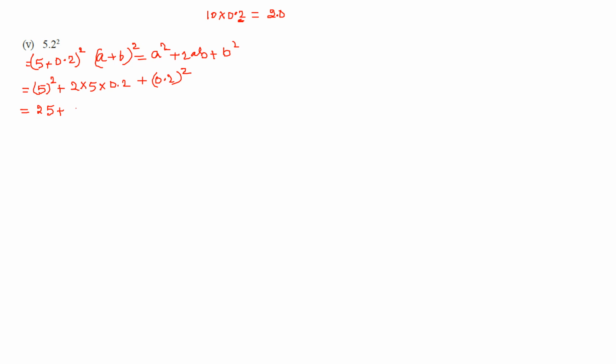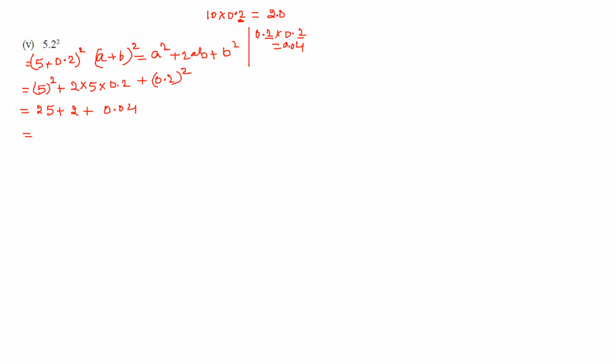So it will be only 2, plus 0.2 whole square. So 0.2 into 0.2, if you ignore the decimal, it is 4. And in 0.2, 1 decimal place, here also 1. So 1 plus 1, 2. So place the decimal point in such a way that after that it will have 2 digits. So it will be 0.04.